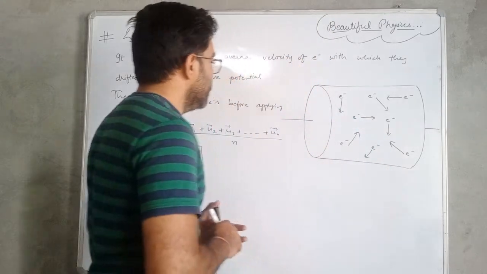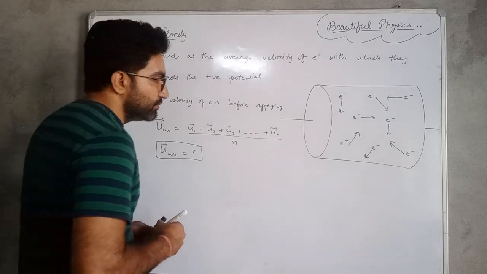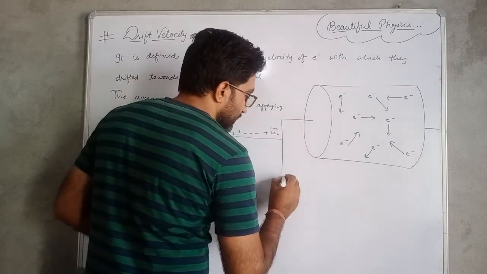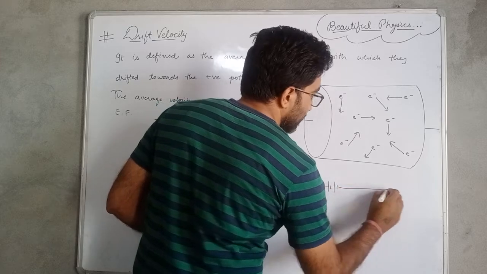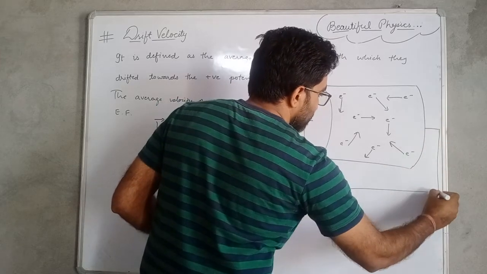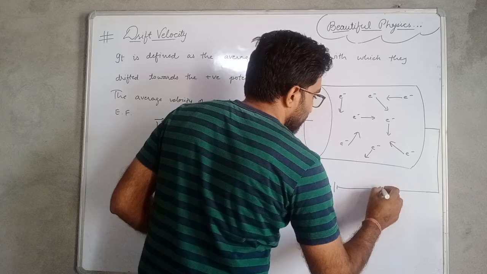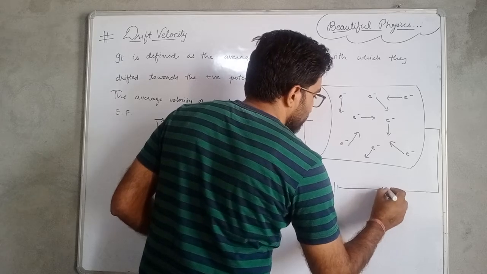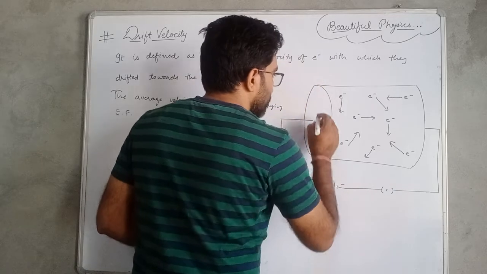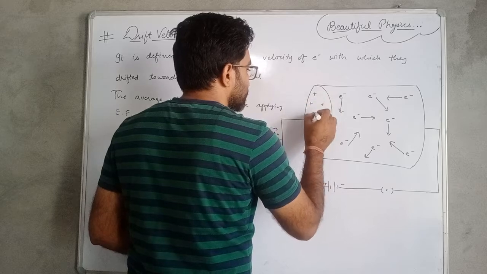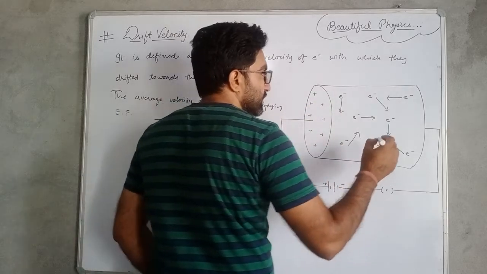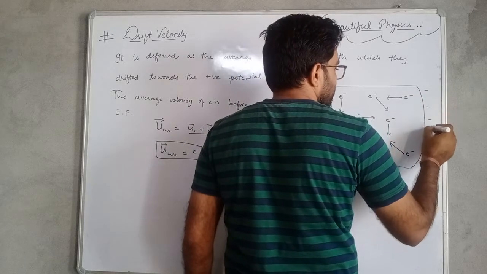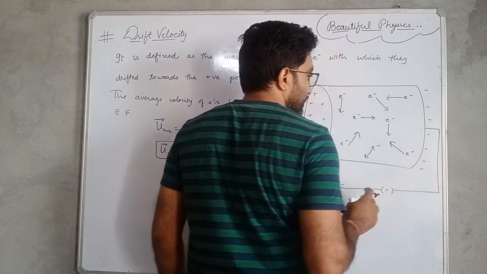Okay, now if this end is connected to the positive terminal of the battery and another end is connected to the negative end of the battery through a switch, so this surface acquires positive potential and this surface acquires negative potential.